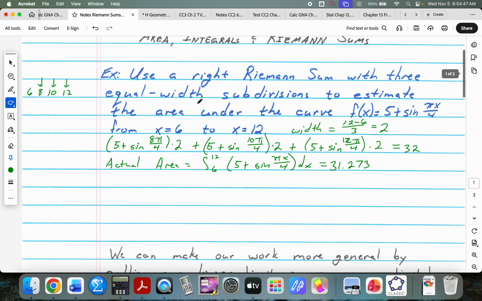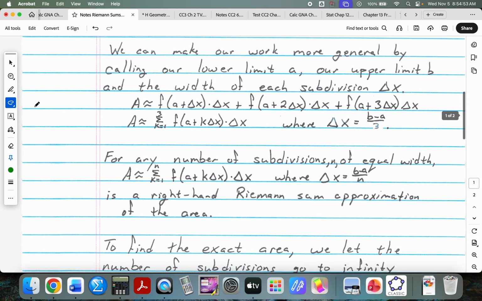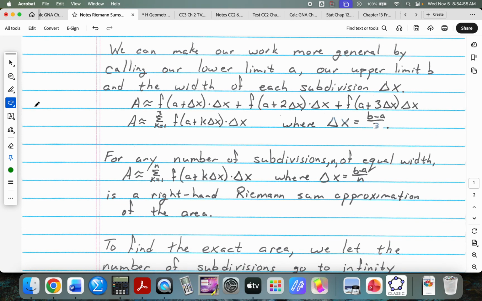We started off at 8, which was 2 beyond our lower limit of integration, our starting point, times delta x, then plus f of a plus 2 times delta x. We're moving over 2 subdivisions now, times delta x, and then f of a plus 3 times delta x times delta x.